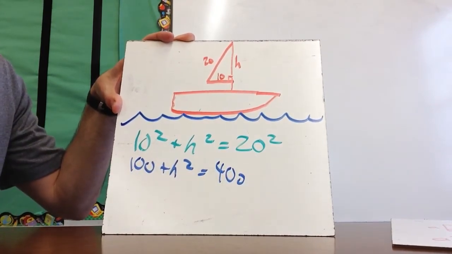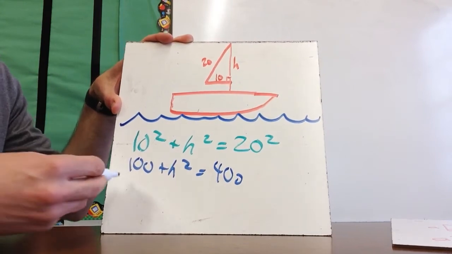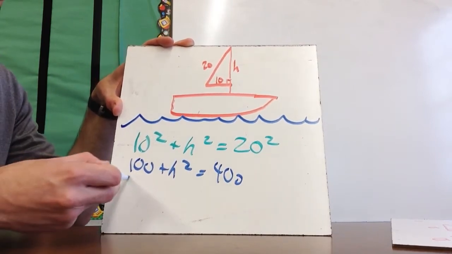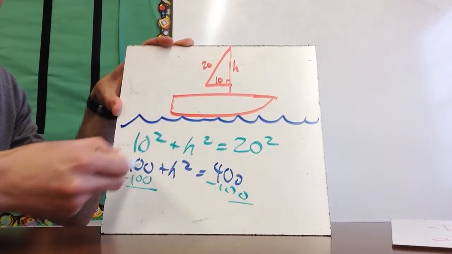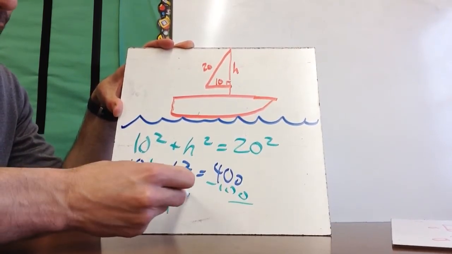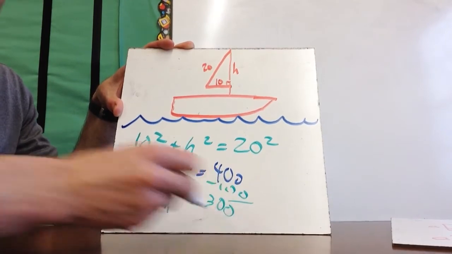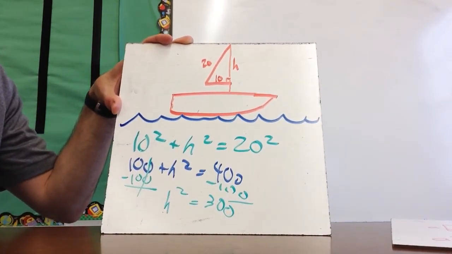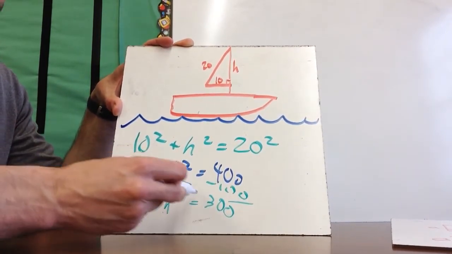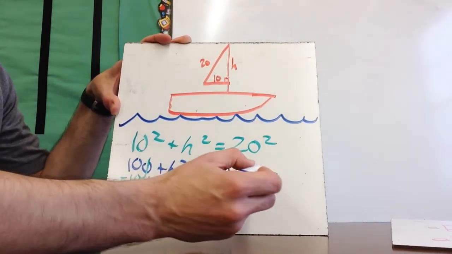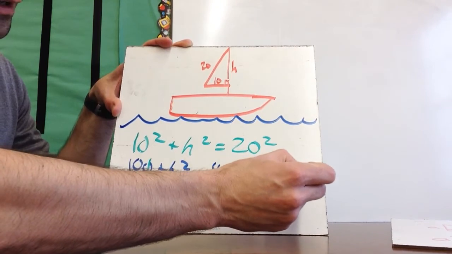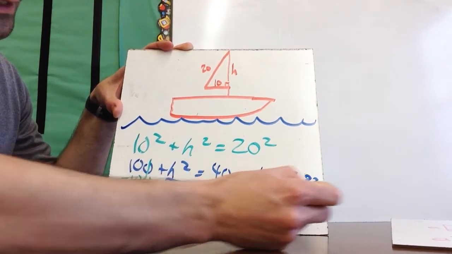Then I'm going to subtract 100 from both sides, and I end up with h squared equals 300. Then what I need to do is figure out the square root of both sides. I know that h equals, and this is where I'm going to have to round, 17.320 and so on.